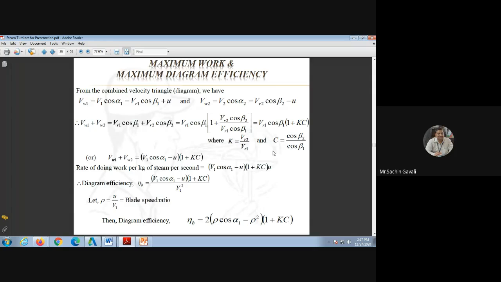Okay, so we have defined it. Therefore VW1 plus VW2 becomes VR1 cos beta 1 into bracket 1 plus KC.